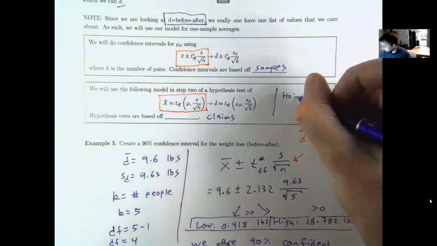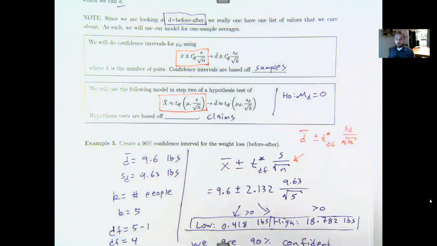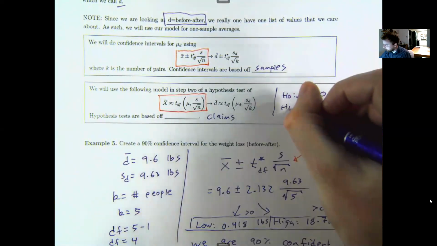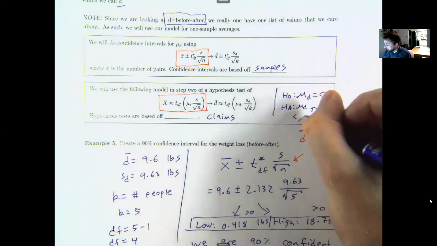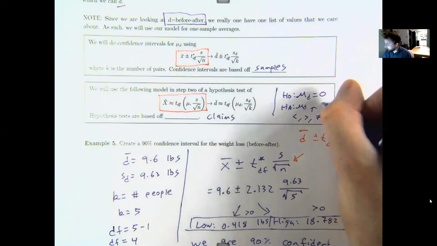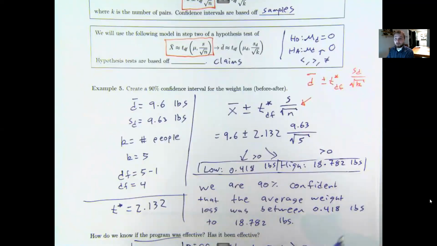So when I'm dealing with matched pair, my null hypothesis is always going to be equals 0, meaning I cannot tell the difference between the two groups. Your alternative hypothesis when you're doing matched pair, it's either going to be less, greater, or not equal to 0, depending on if I'm testing for a weight loss, a weight gain, or just a change in weight.